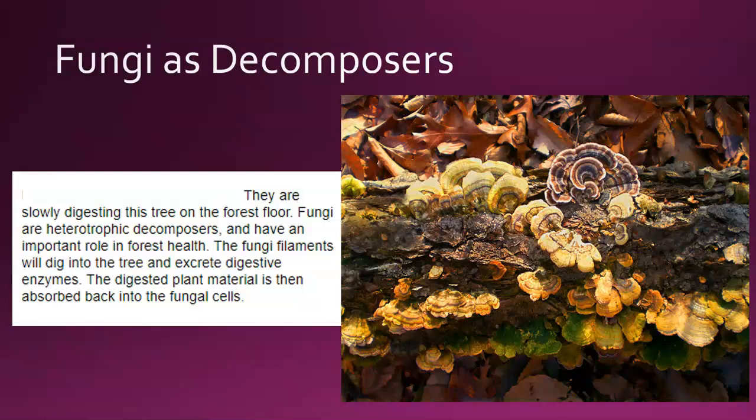Fungi play an important role in ecosystems as decomposers. Fungi grow on trees by sending filaments deep into the tree. Many fungi feed on dead and decaying plant matter, such as fallen trees or leaf litter. These and other fungi play a crucial role as decomposers in ecosystems. Not only do they break down dead plants and animals, but they also release nutrients back into the soil, where the nutrients become available for other species.